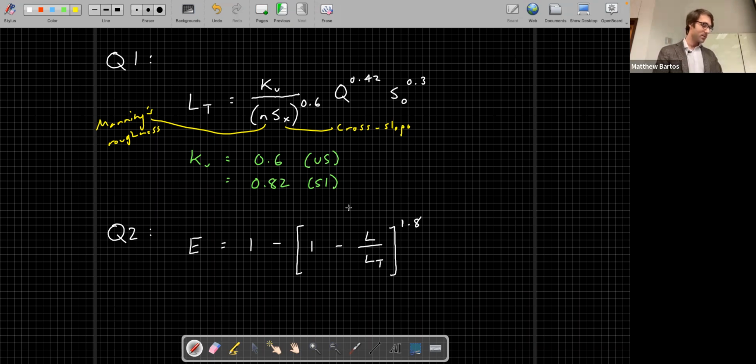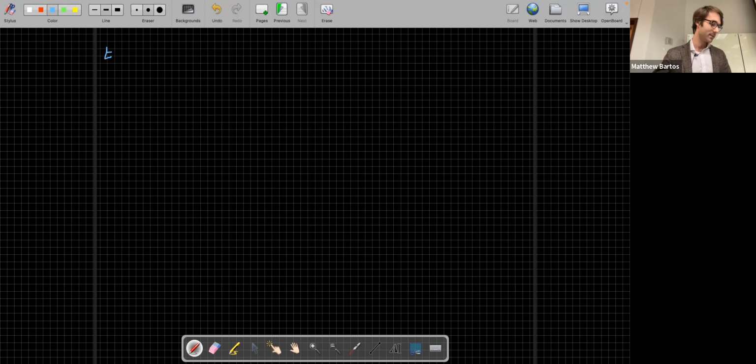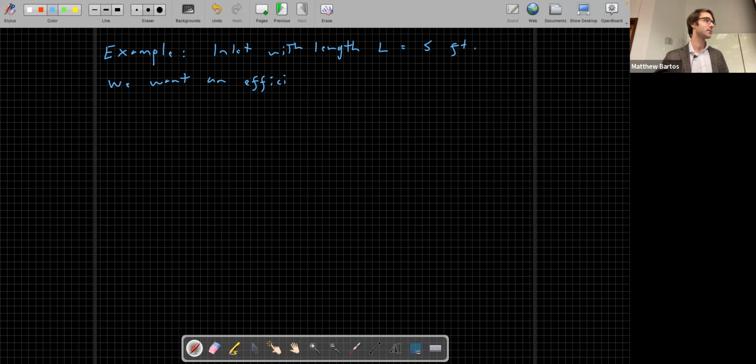Okay, cool. Let's do a quick example, just so you can apply these concepts. Let's say we have an inlet with length L equal to 5 feet, and we want an efficiency of 95%, so E is equal to 0.95.